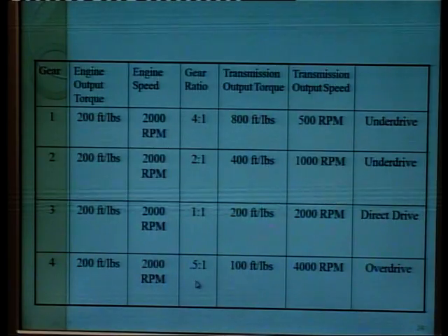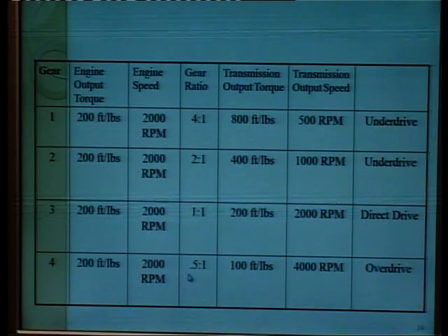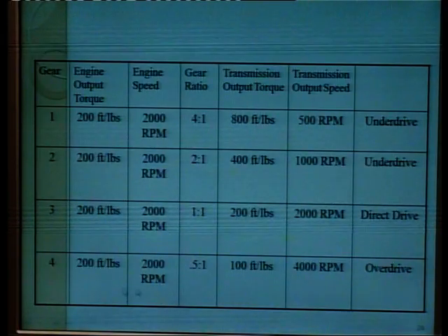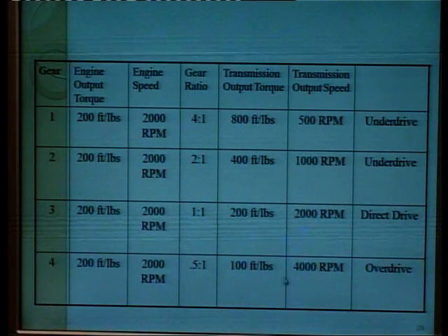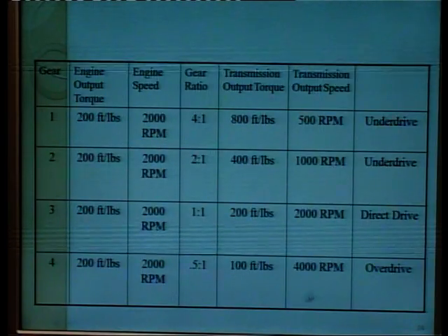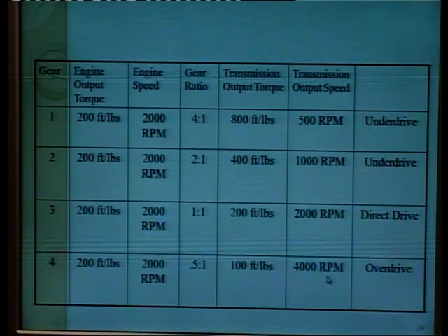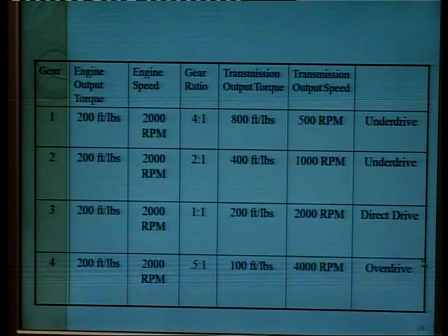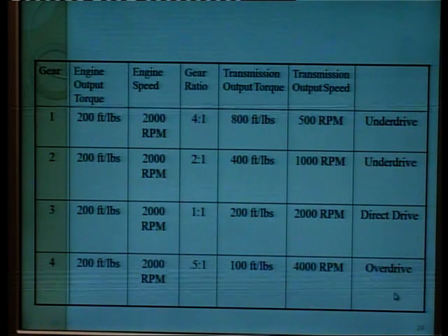In this case, the overdrive ratio is 0.5:1. That means the torque is reduced to half of the engine torque and RPM is double the engine speed. This gear is placed in high speed cars only.